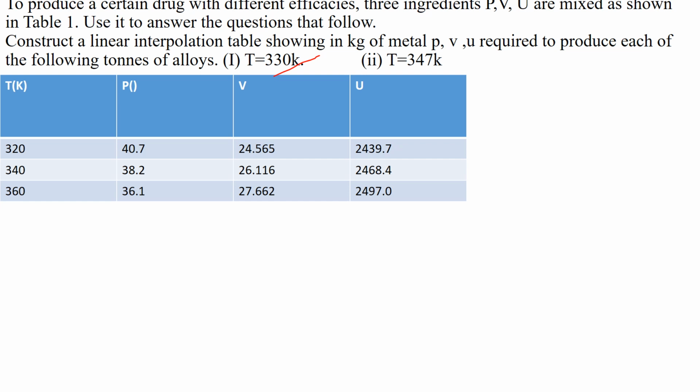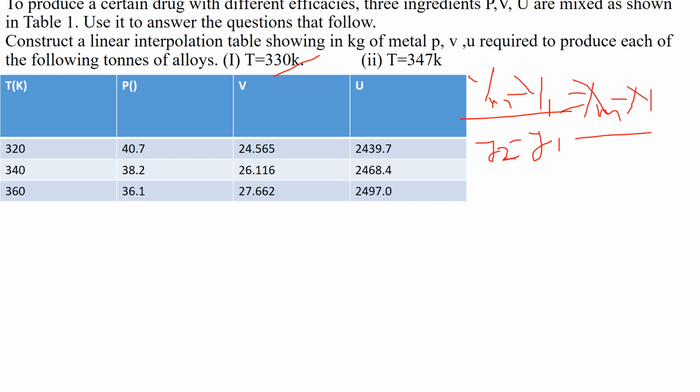We know that for us to get the linear interpolation, we know that ym minus y1 divided by y2 minus y1 will give us xm minus x1 divided by x2 minus x1.